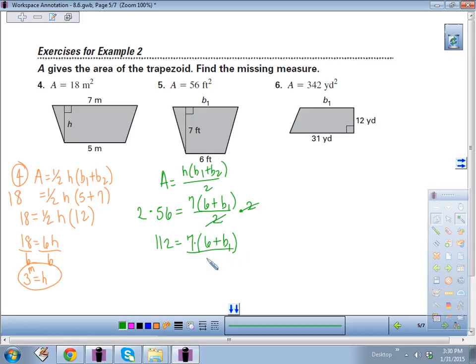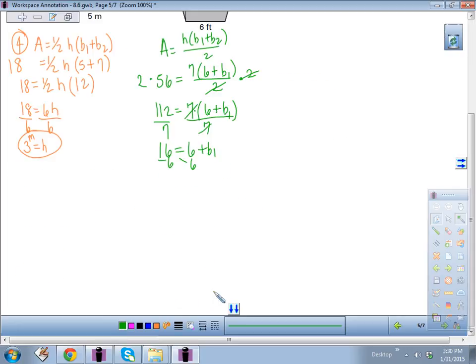To get it on the other side, we divide 112 by 7, and we would get that to be 16. My 7's canceled. Now I'm left with 6 plus base 1, and the last step would be to subtract 6 from each side. And so for number 5, our answer for base 1 is that it's equal to 10 feet.